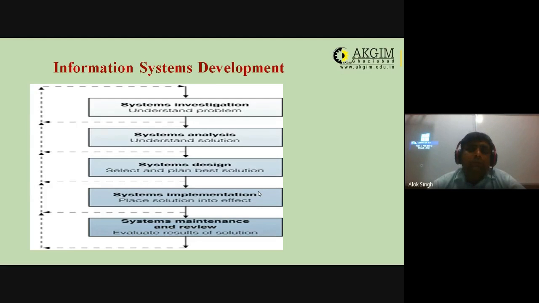So you need to understand what parameters, processes, or activities you need to streamline with the help of an information system, and what type of processes and data you need to map through this information system.